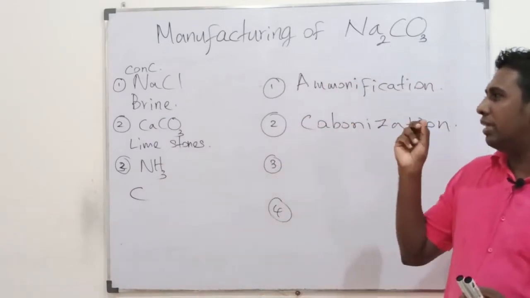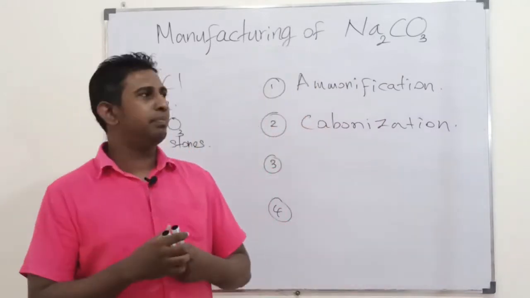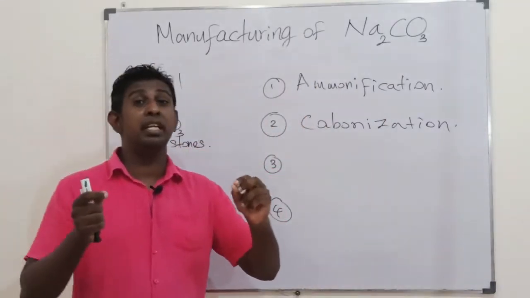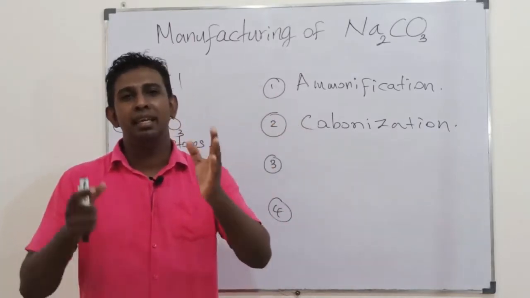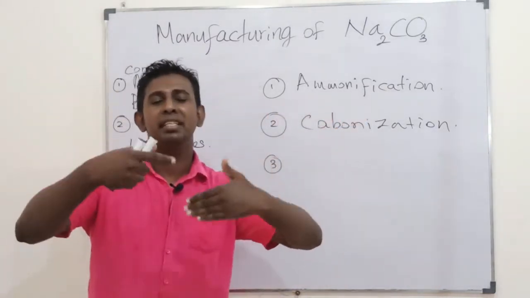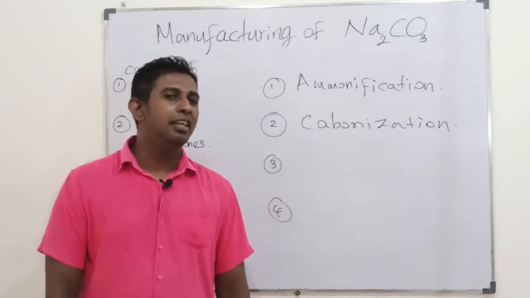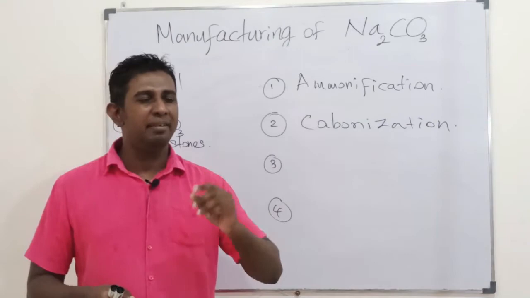At the end of the first step, we get the concentrated NaCl solution saturated with ammonia as the product. Ammonification is that we saturate the concentrated NaCl solution with ammonia.